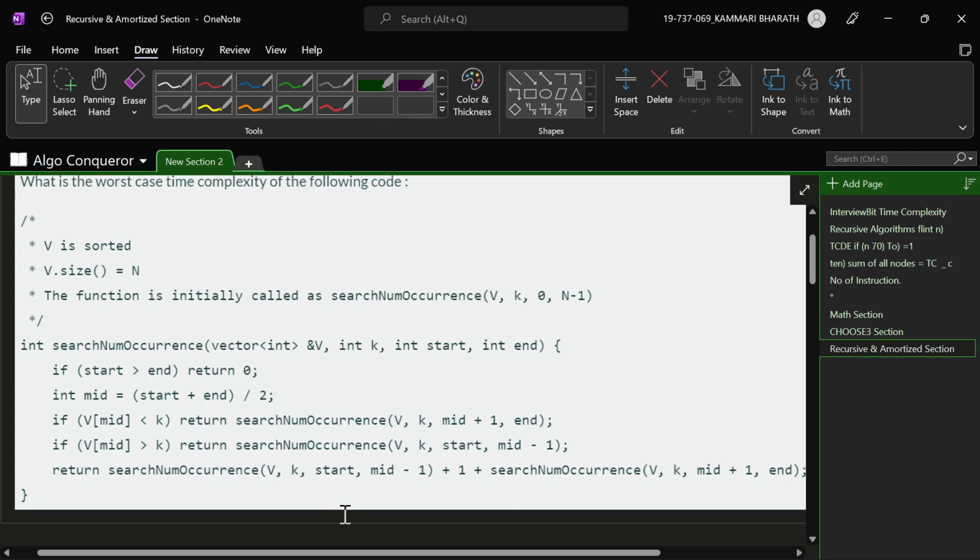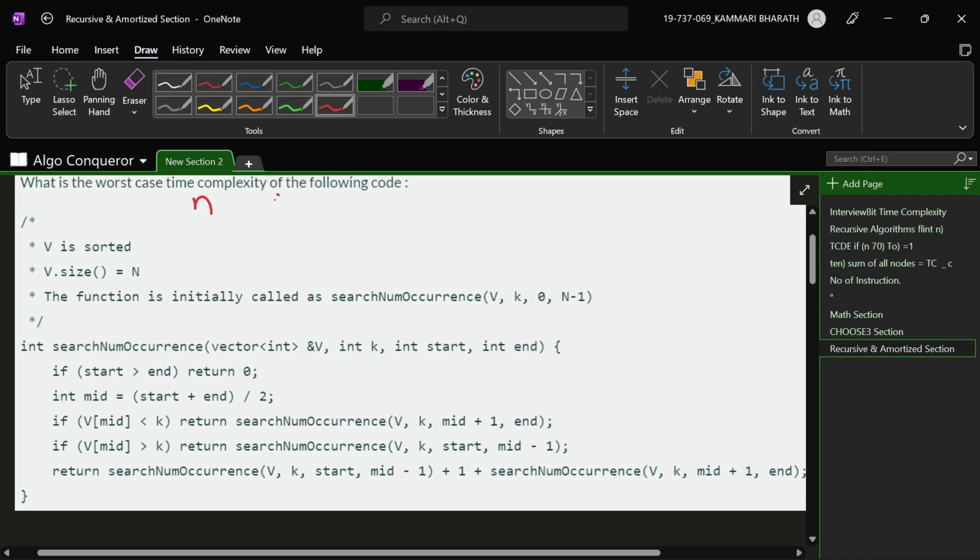We are given a recursive function with a start and end. So we are given an input n, where n is between start to end. This range of numbers is the input for us.